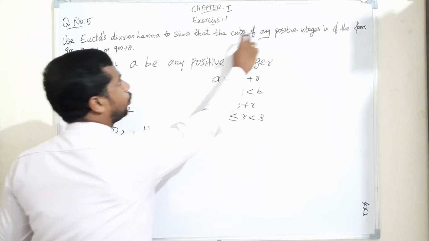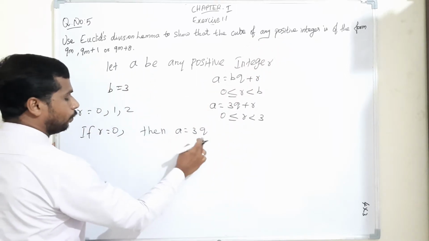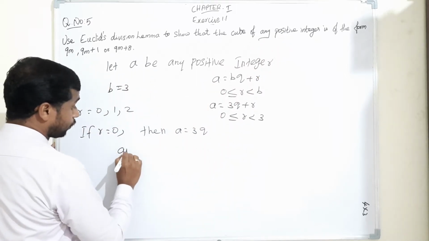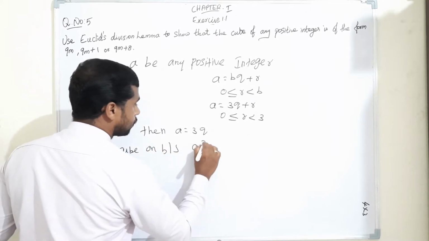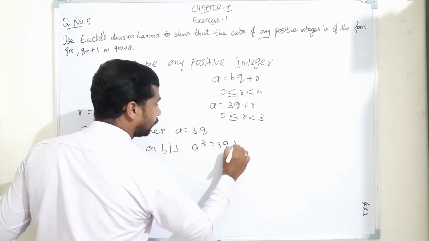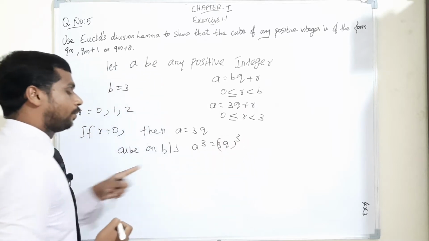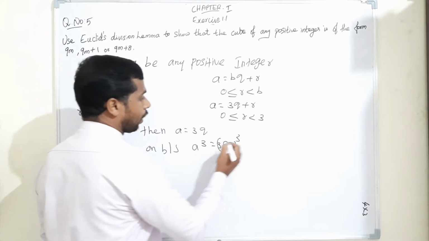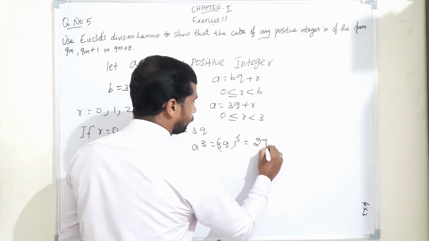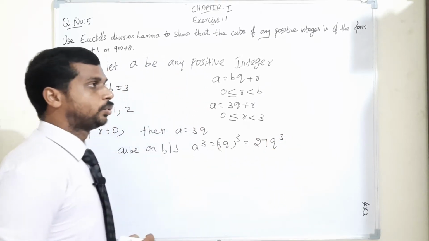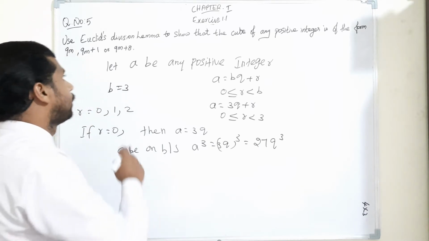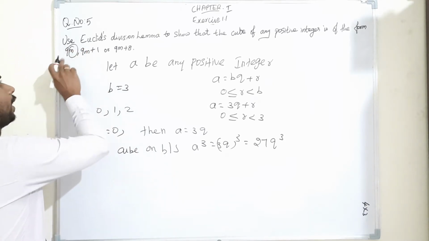Then show that the cube of any positive integer. Cube on both sides, what will happen? a cube is equal to 3q the whole cube. If you remove the bracket, we can say 27q cube. Then 27, how to split it actually? 9 into 3. 9 into 3 is very simple, the condition is 9m.